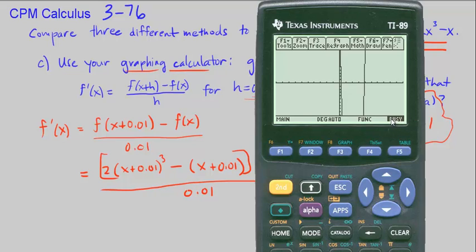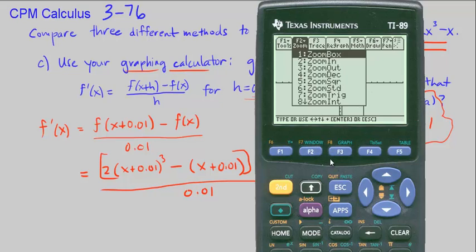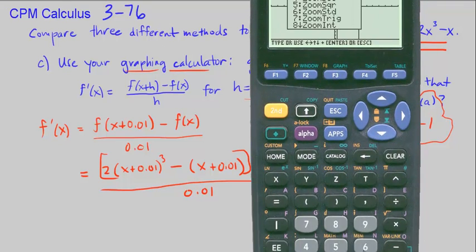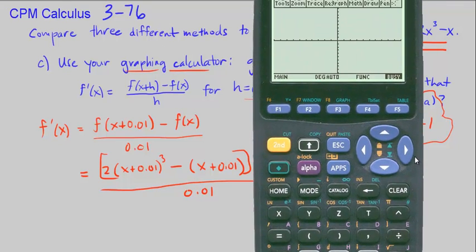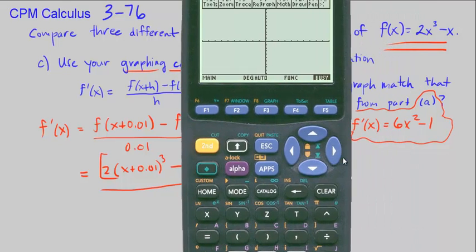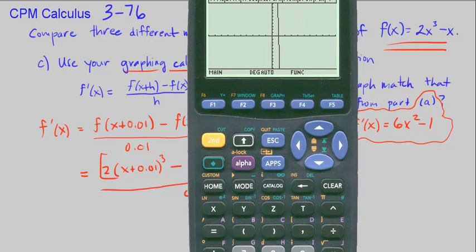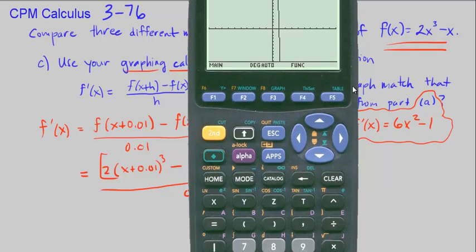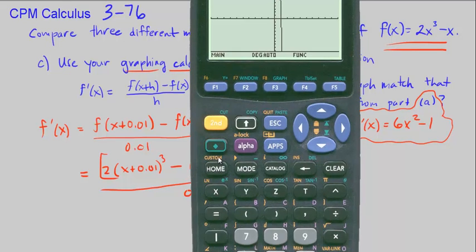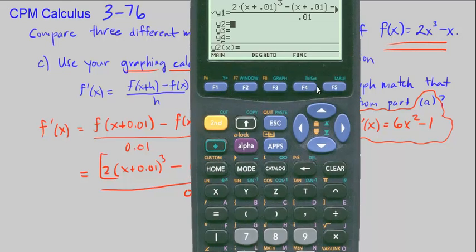Okay, so I can see it goes down or something, right? So I believe we are already zoomed standard, but let me check. Right, so now I just see one line here. Let me put in 2x cubed minus x, because we want to see, are these the same, right?